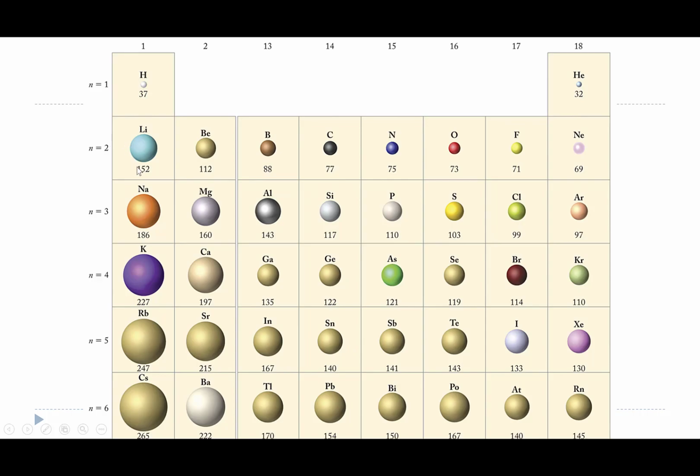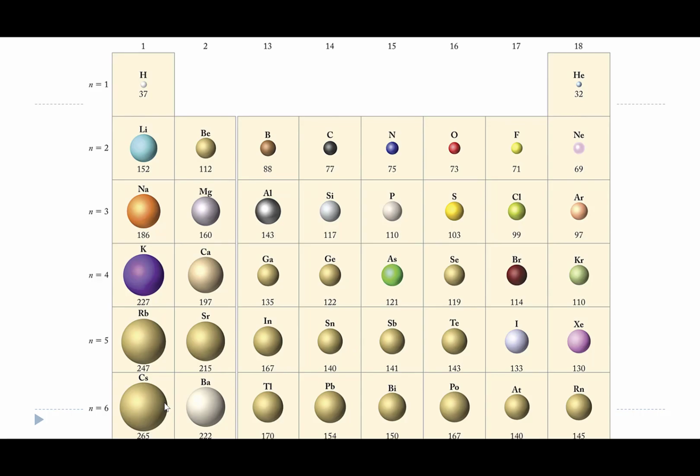As we move down the periodic table, cesium's valence electrons are in the 6th energy level. So now we've stacked 1 on 2, on 3, on 4, on 5, on 6. We have gotten further and further away from that nucleus, and now our valence electrons are way out on the sides. That's why we see the atomic radius go up as we go down. The energy level gets bigger; we're stacking sublevels on top of each other.